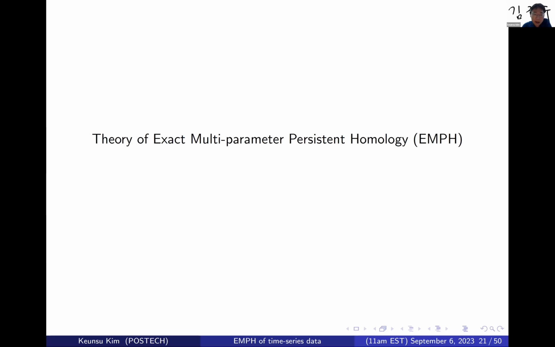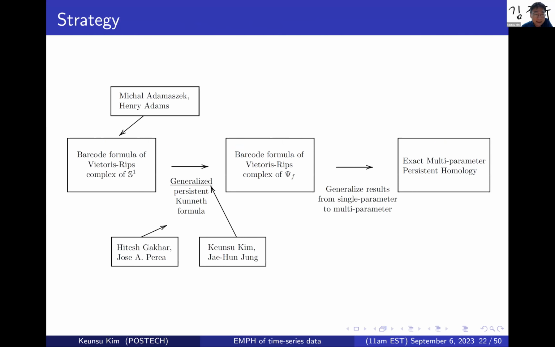And now our proposed theory, EMPH. This is the strategy of our EMPH theory. Adams, Bush, and Adams proved the barcode formula of the Vietoris-Rips complex of a unit circle. And Gakhar and Perea proved the persistent Künneth formula. The persistent Künneth formula is useful when we calculate the persistent barcode of a product space, when we know the barcode of each component space.